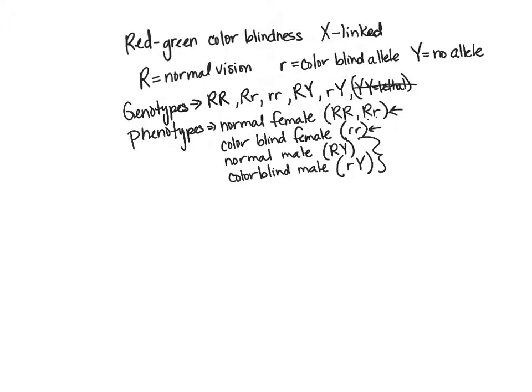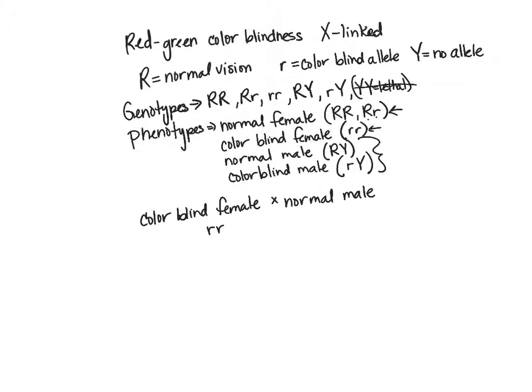So if we did a cross really quick, if we took a colorblind female and crossed that with a normal vision male, what would our letters be here?